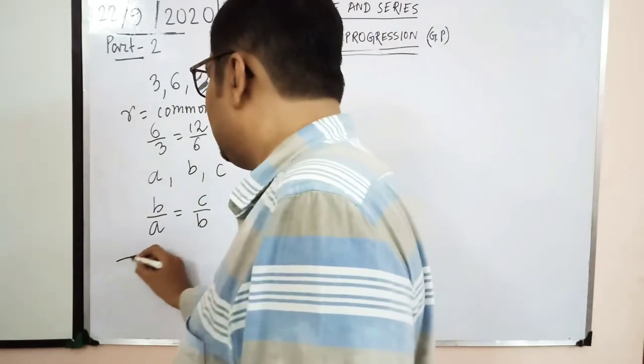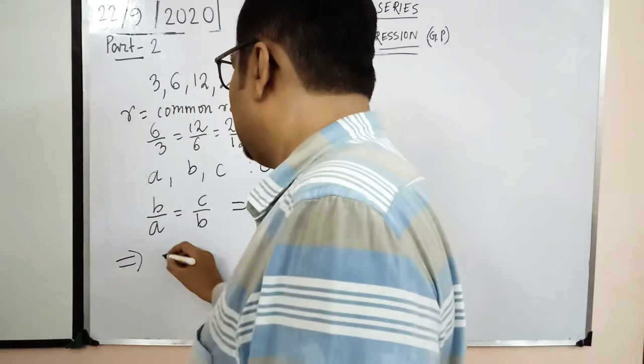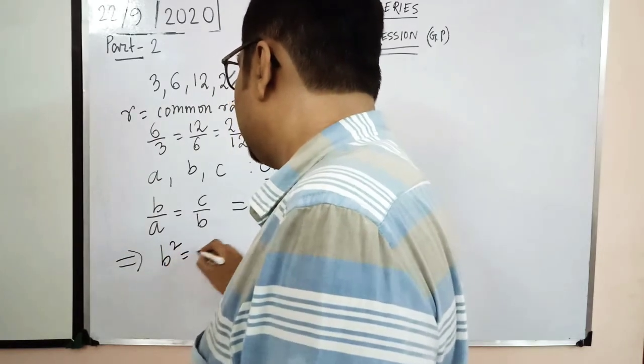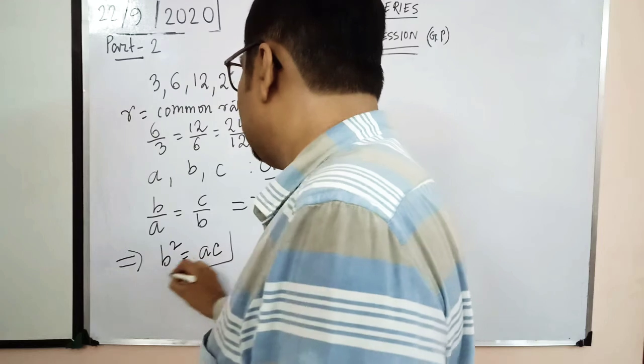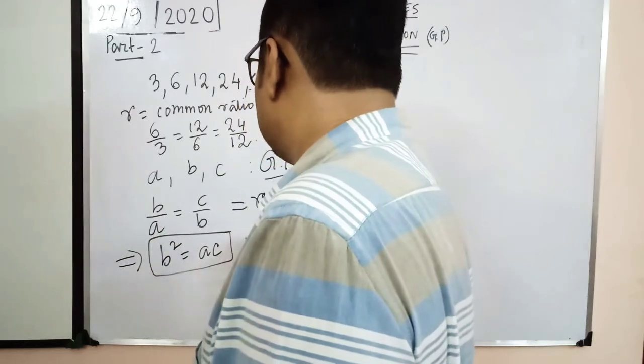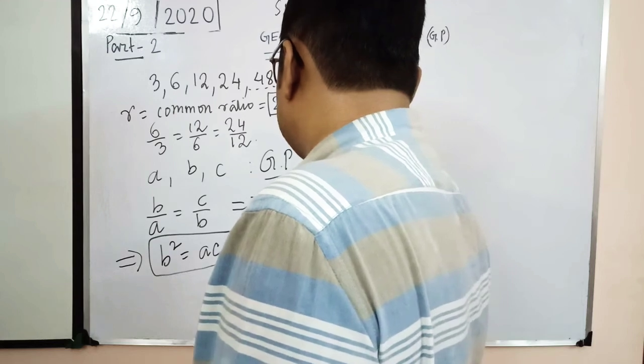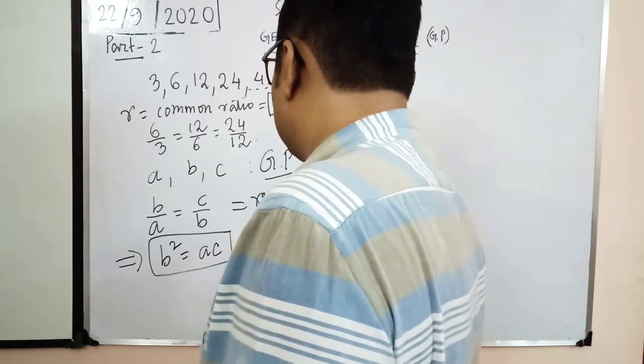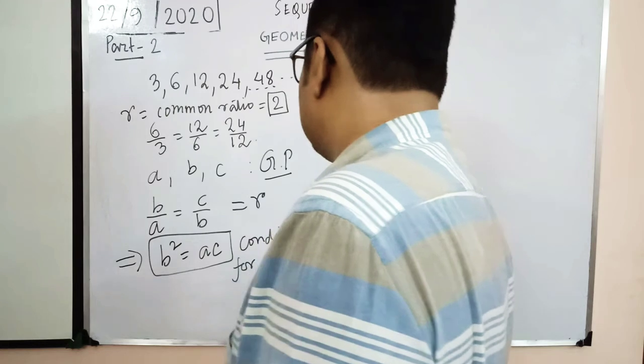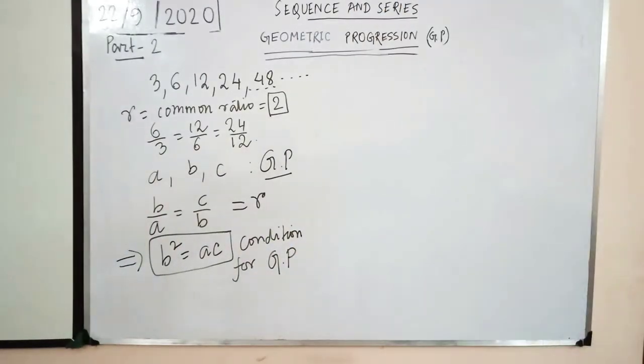So from here, if you cross multiply, you get B square equals AC, and B square equals AC is the condition for the geometric progression, GP.